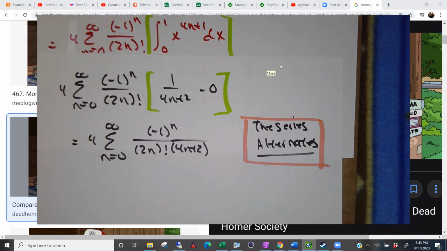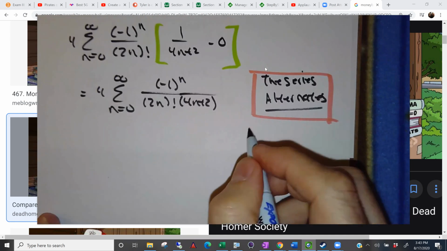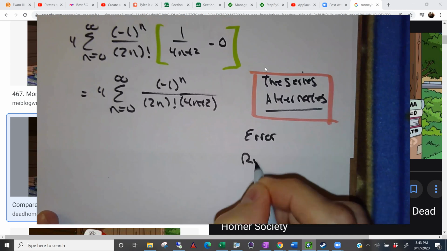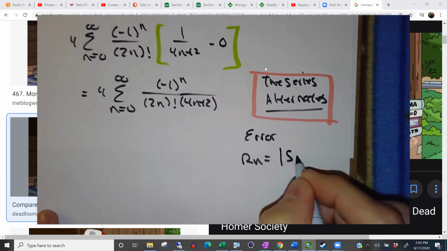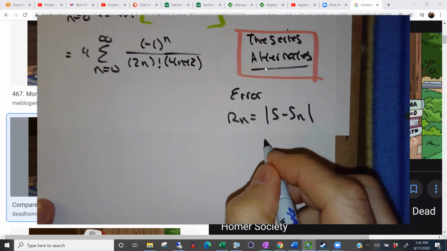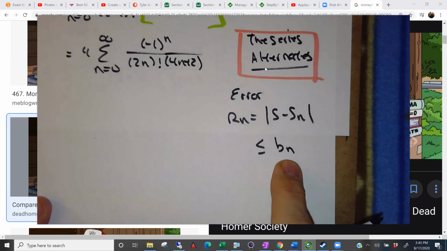Let's see. Now, what does the alternating part mean for us? Why do we care? If the series alternates, the error, R sub n, is going to be S minus S sub n, the sum of the first so many terms, and that's going to be less than or equal to the first term you leave off.